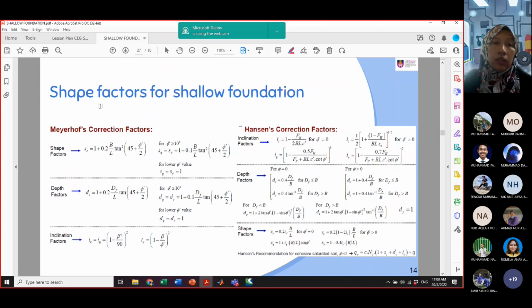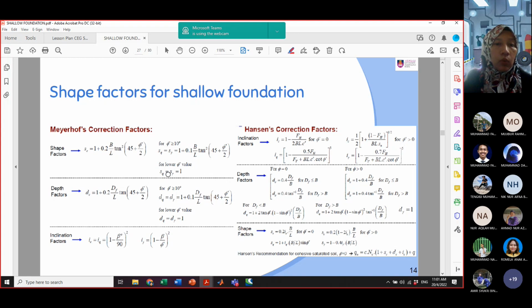Okay, the shape factors also can be obtained from the Meyerhof ataupun Hansen. It's quite complex lah, but I think that if you have your own time, look at closely what is the shape factor kalau from Meyerhof kan. Kemudian dia punya conditions dia sama dengan ataupun lebih daripada 10 degree.